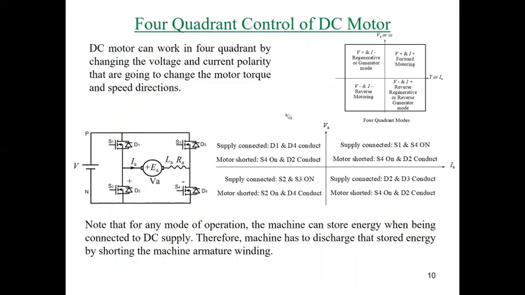Okay, so by applying this control to this circuit, we can control all 4 quadrants. But remember, there is a fault here, and I will modify it in the slides and send it to you on Blackboard. Okay.